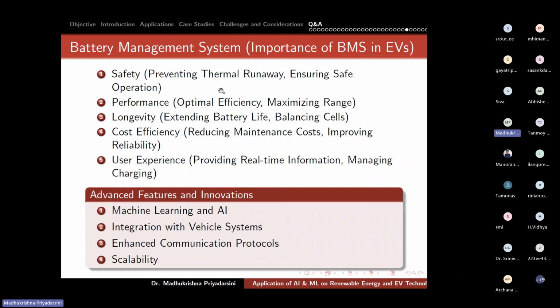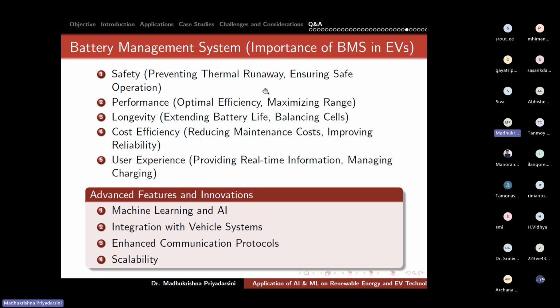The basic part of any electric vehicle is the battery management system, because through it the vehicle runs. In this slide we see the importance of the battery management system in EVs, because it provides safety, performance, longevity, cost efficiency, and user experience.